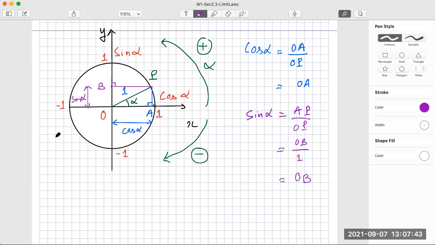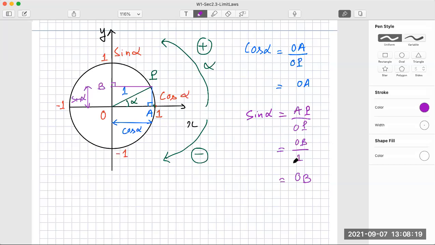I don't understand why it would just be AP over 1. Wouldn't that be the same thing? He's just moving it to the other side. AP is the same as OB because it is a rectangle. Yes, you're right, it is AP, but we want to see those values on the y-axis, so we just replace it by OB.